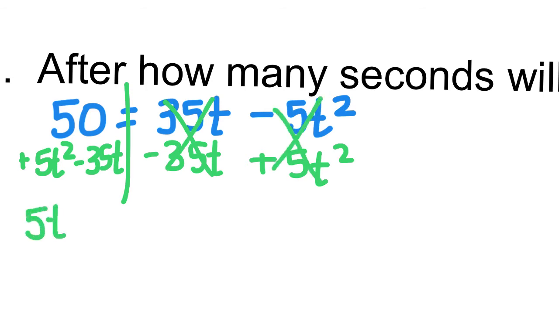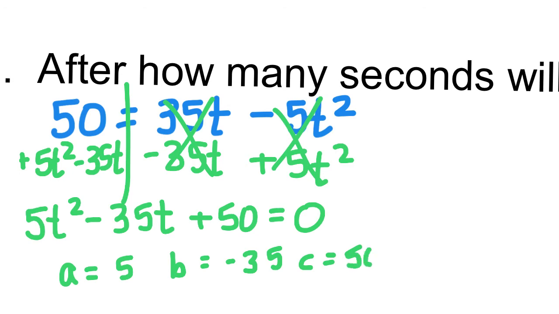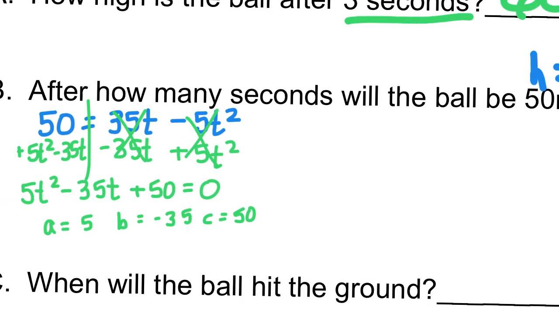And to put it in standard form order, we'll have our t squared first, then our t, and then our constant. Now if we use the quadratic formula, we'll have a is equal to 5, b equals -35, and c is equal to 50. Please pause the video here and substitute a, b, and c into the quadratic formula.